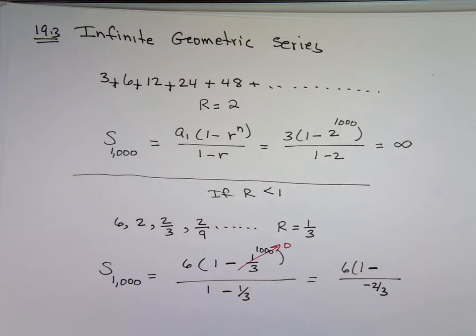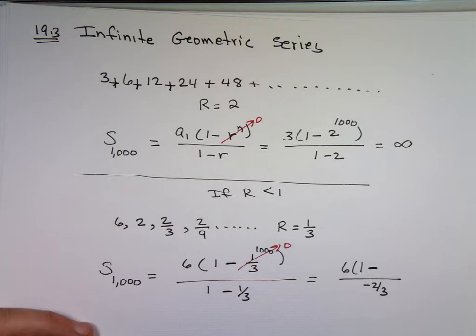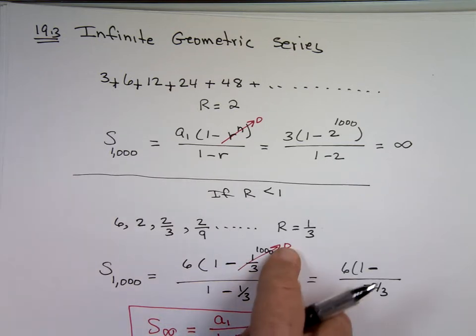So if this is going to go to 0, then what's going to happen to that equation? It's going to be S infinity equals A1 times 1, which is A1 over 1 minus R. And that's the equation we're going to be using, because that piece goes to 0.